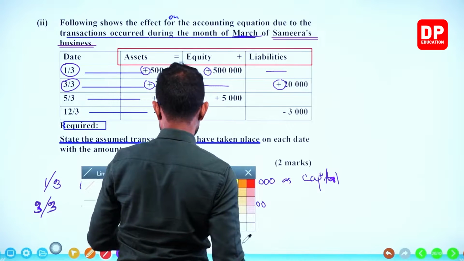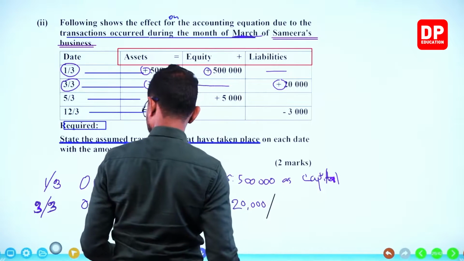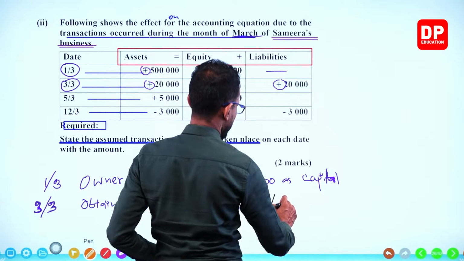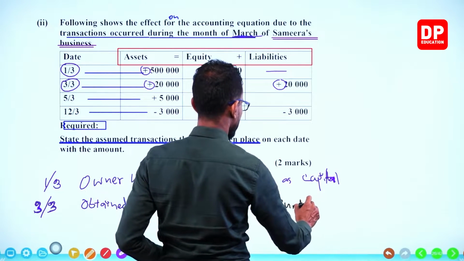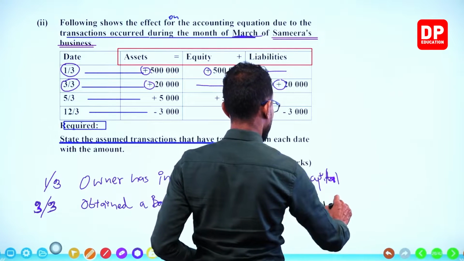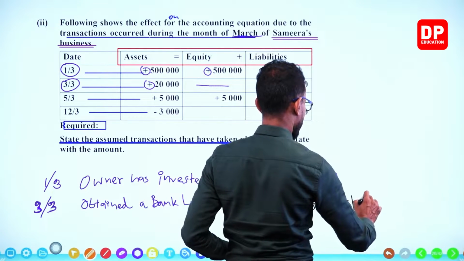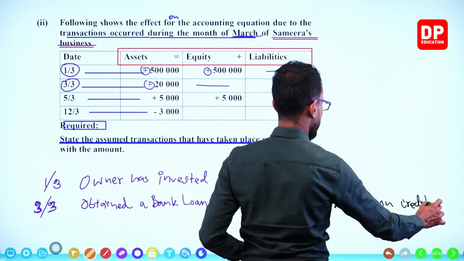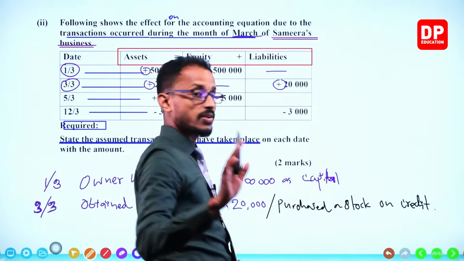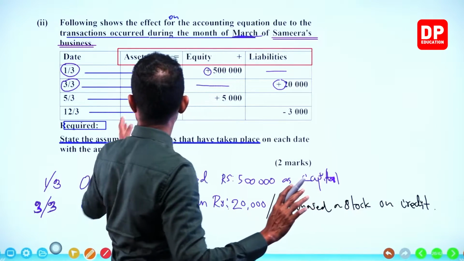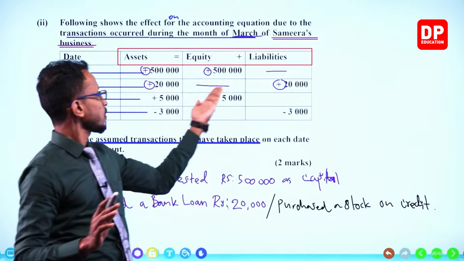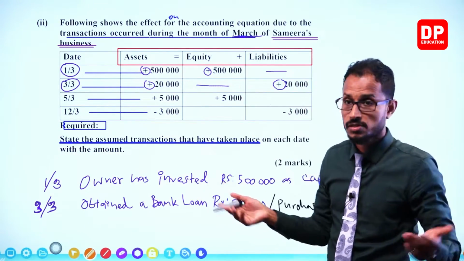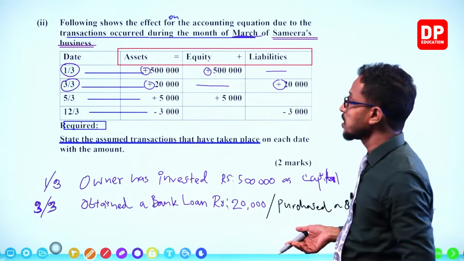No problem, even if you write something like this: purchased or bought a stock on credit for 20,000. Even that one is also correct. You understand what I'm saying? 20,000 assets increase, 20,000 liabilities increase. So you have many options. You can take any option that you want.